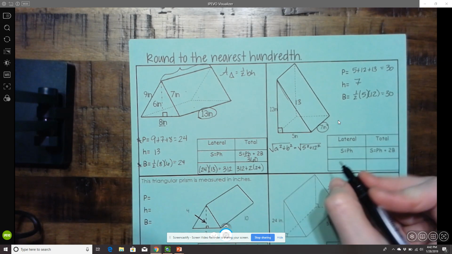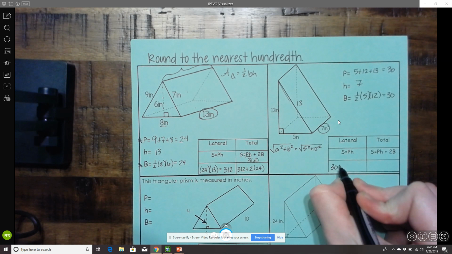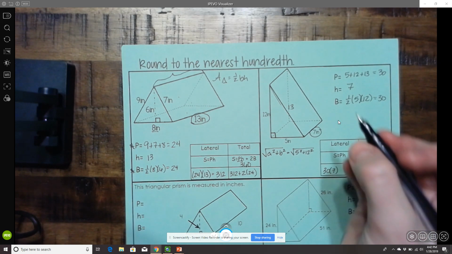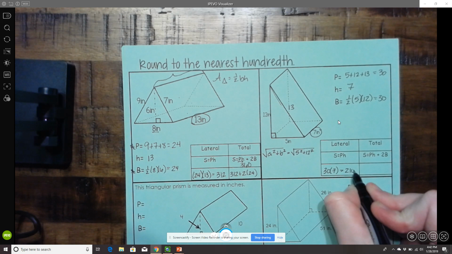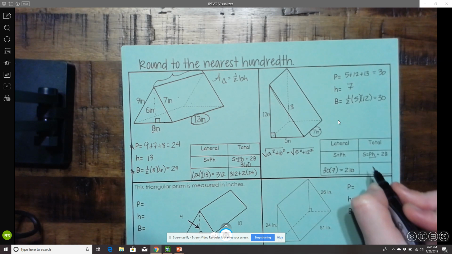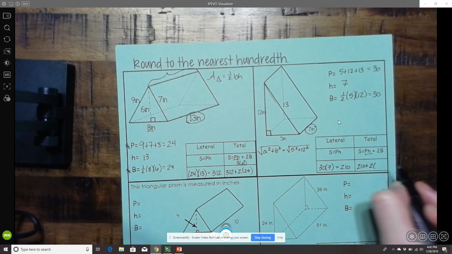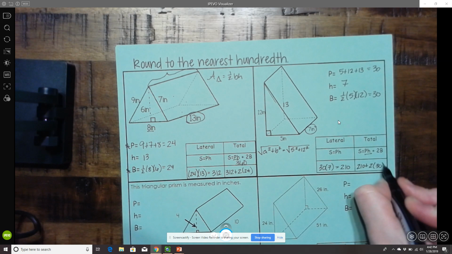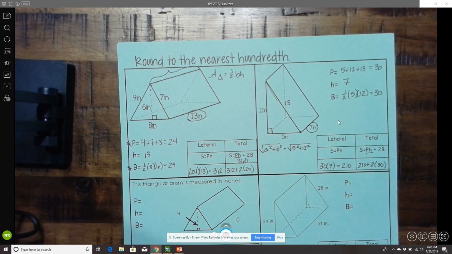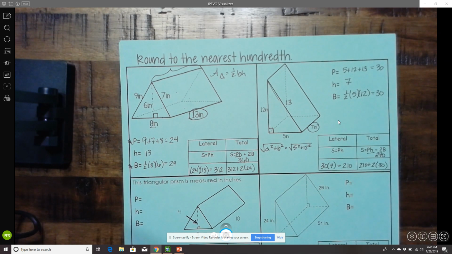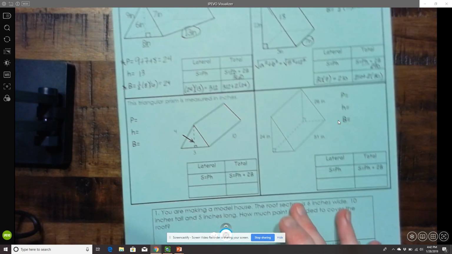All right, so lateral surface area, the perimeter times the height, so 30 times 7 would give me 210. And then total, I'm going to use the lateral surface area again, plus 2 times the area of the base, so 210 plus 2 times 30. That would give me 270. That would be my total surface area.